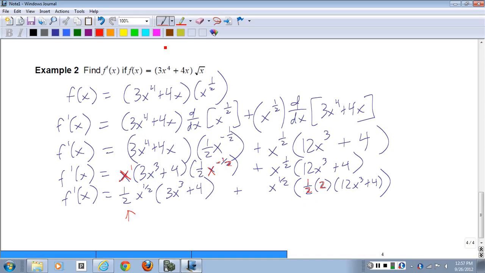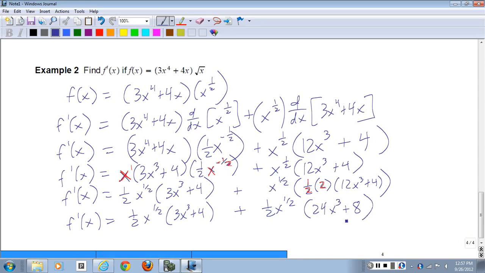So with that extra step thrown in, see if it makes sense to say f prime of x equals 1/2 x to the 1/2, I'm copying and pasting here, 3x cubed plus 4, plus 1/2 x to the 1/2, 24x cubed plus 8. The 1/2 comes outside, 2 gets distributed across the parentheses.